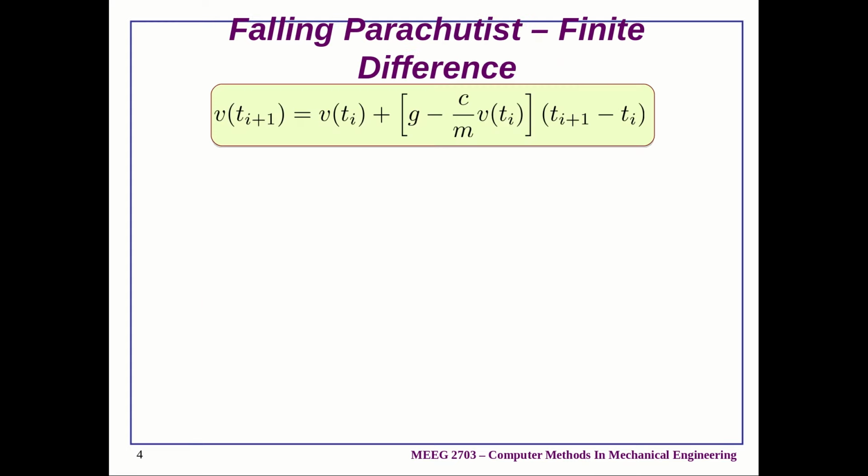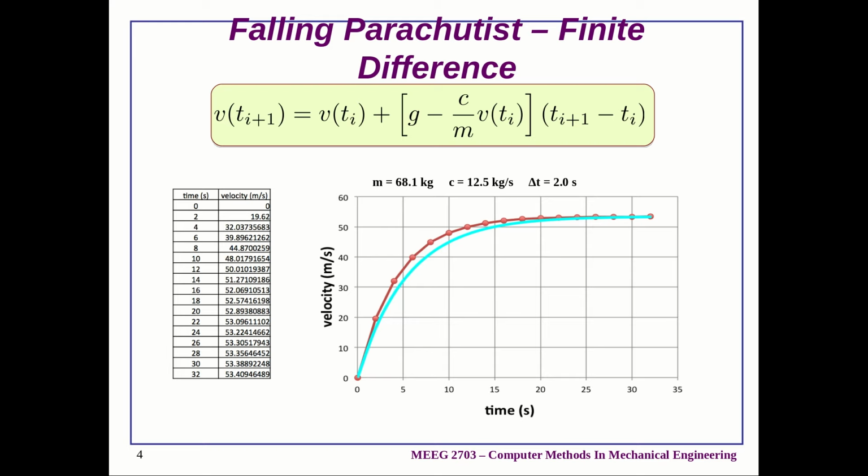So here we've got our finite difference approximation to our differential equation, and here I'm showing the plot of the exact solution in blue, and the numerical approximation as these red dots and corresponding lines. You see that there is some difference between the approximation and the exact solution.